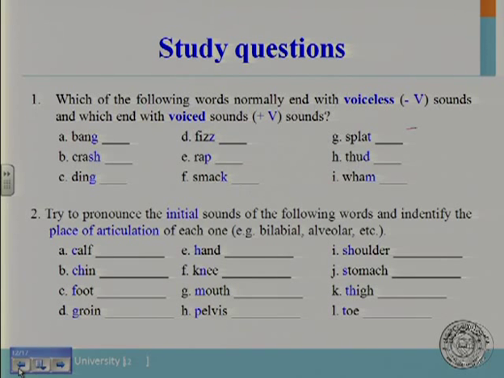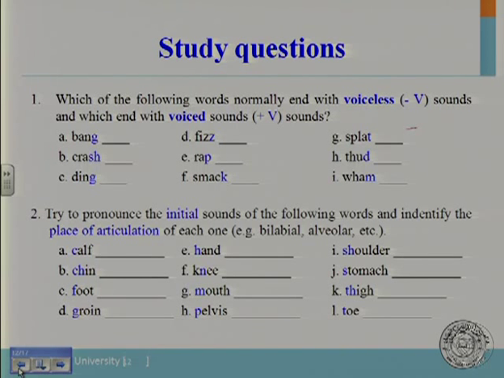Now, we'll start one by one. The first one is A, bang. Before answering the question, I want you to practice pronouncing this word, bang, g, and try to guess if the sound is voiceless or voiced.